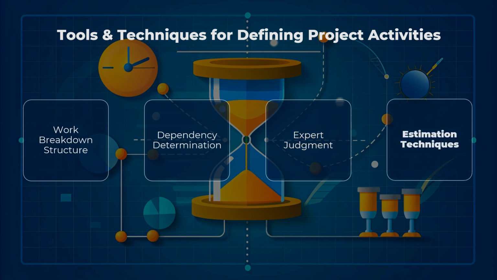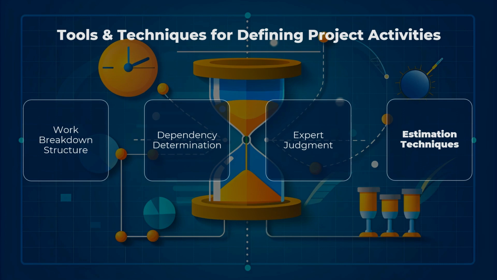The final set of tools includes estimation techniques used to predict the time, resources, and costs required for activities. Types of estimation techniques: analogous estimating uses historical data from similar projects to estimate durations or costs. Parametric estimating uses statistical relationships between historical data and other variables to estimate durations or costs.